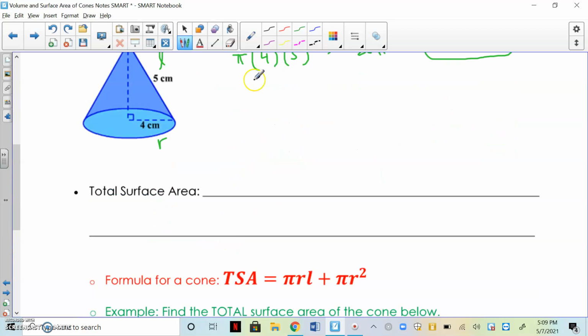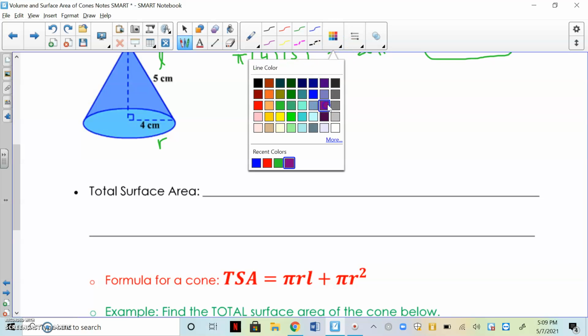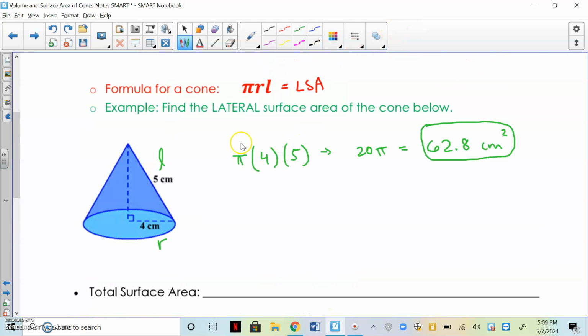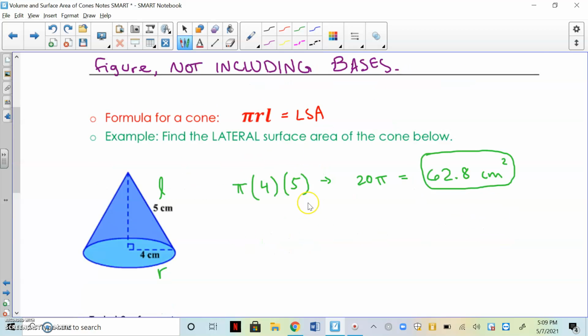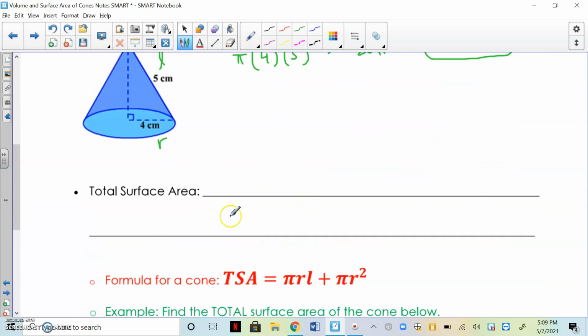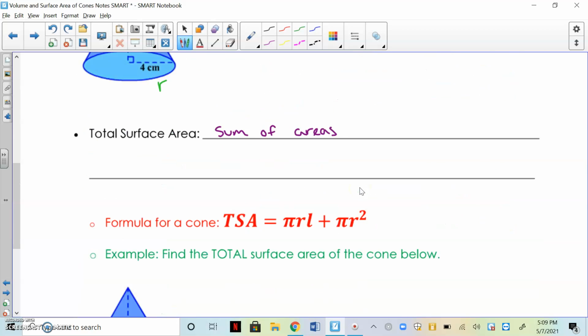Now total surface area, we already know what that is. It's basically this same thing: the sum of areas that enclose a figure, but this time we are including bases.